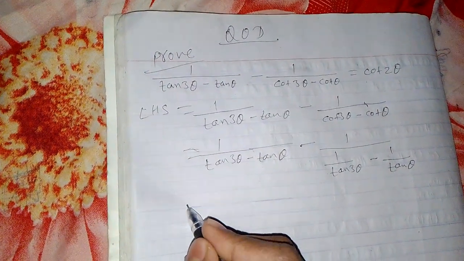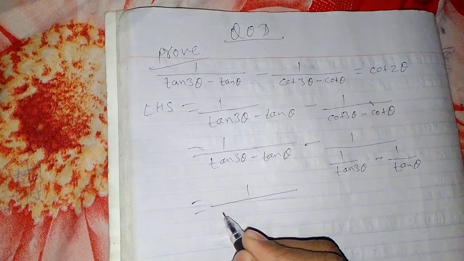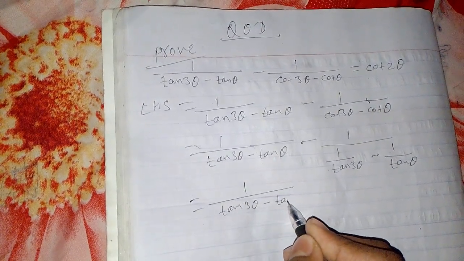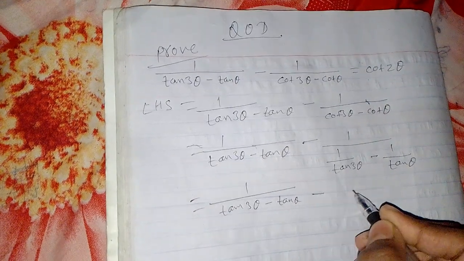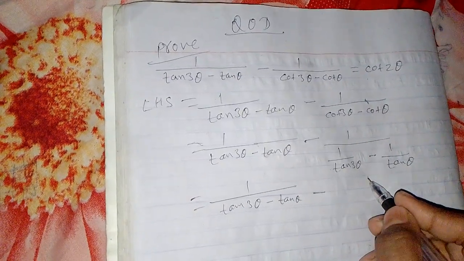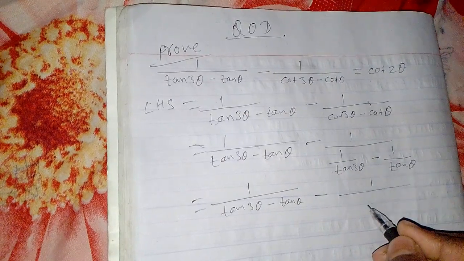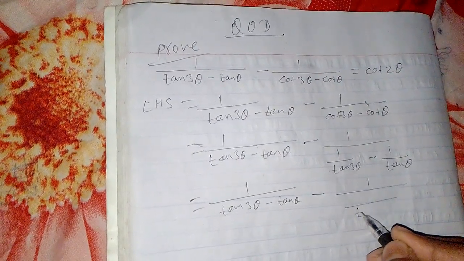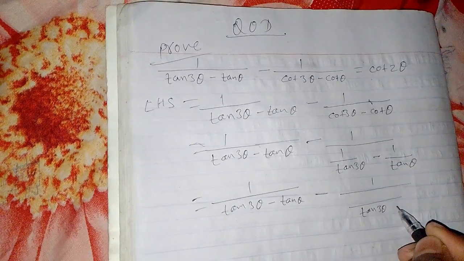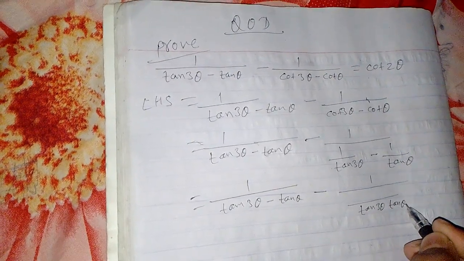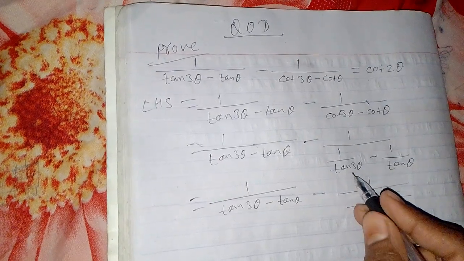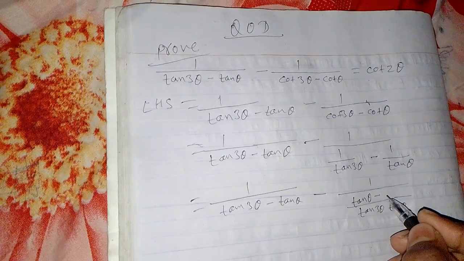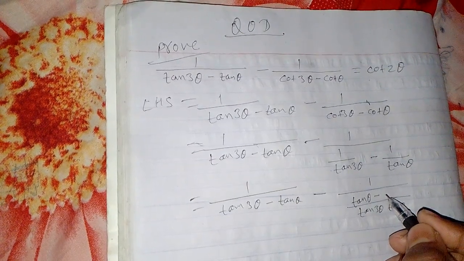Next, this is equal to 1 over tan 3 theta minus tan theta, minus, I can write this as 1 over tan 3 theta times tan theta, and then this is going to be tan theta minus tan 3 theta.